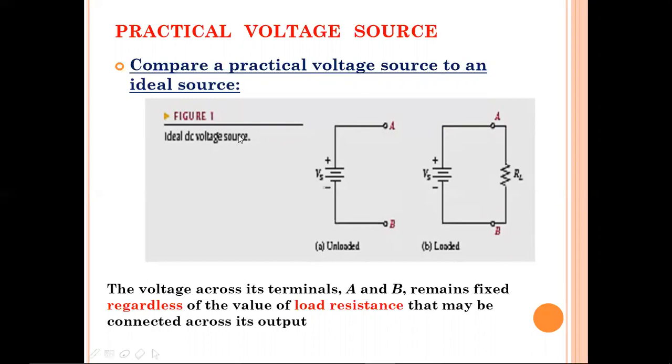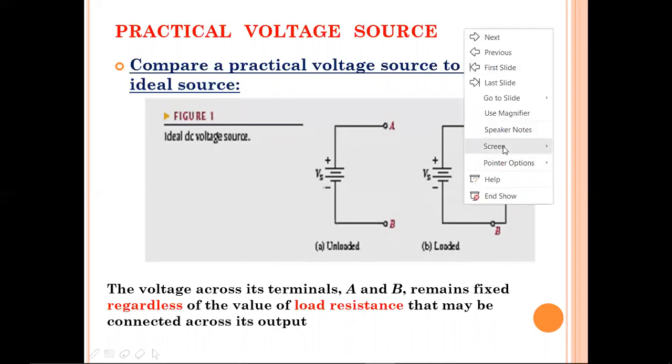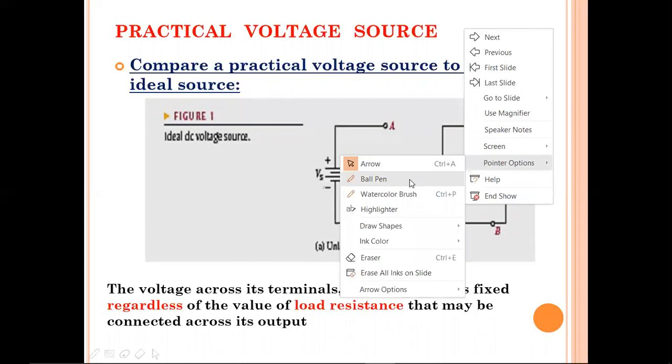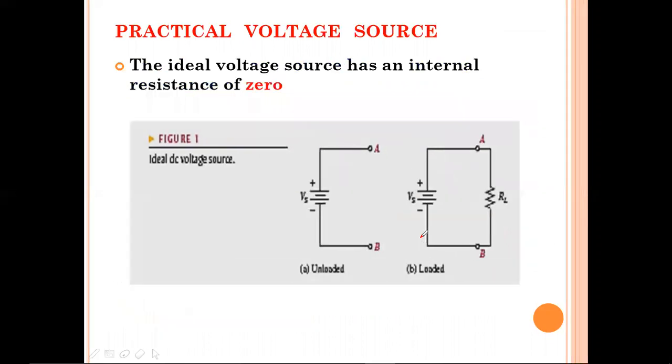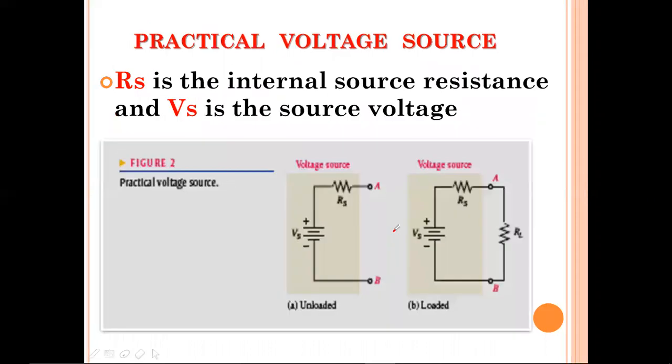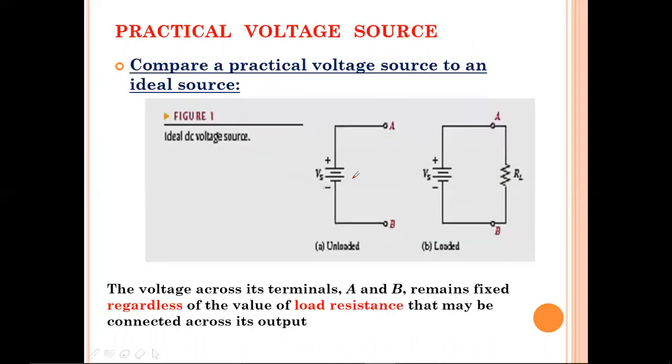Compare a practical voltage source to the ideal voltage source. Let me add my marker. Ideal voltage sources look like this, but a practical voltage source looks like this. The voltage across its terminals A and B remains fixed regardless of the value of the load resistance connected across the output.